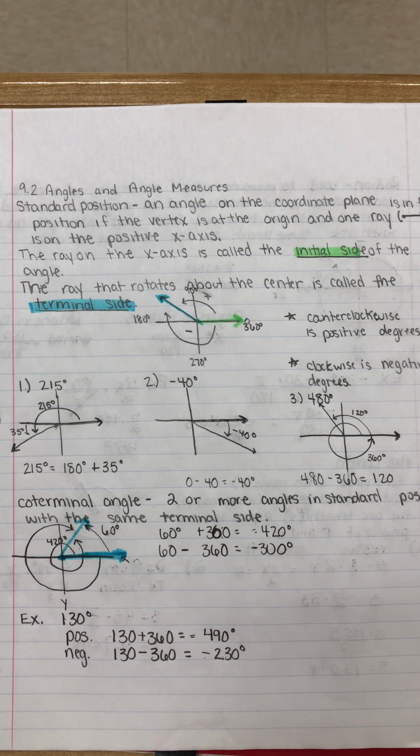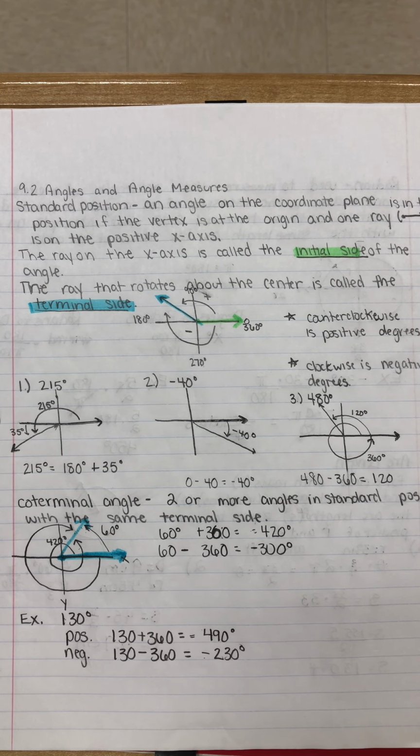I'll read it again. An angle on the coordinate plane is in this position if the vertex is at the origin and one ray is on the positive x-axis. That's what standard position is.